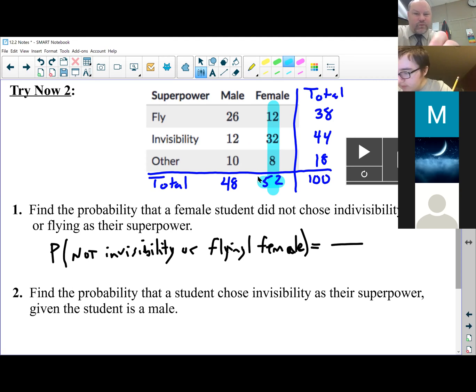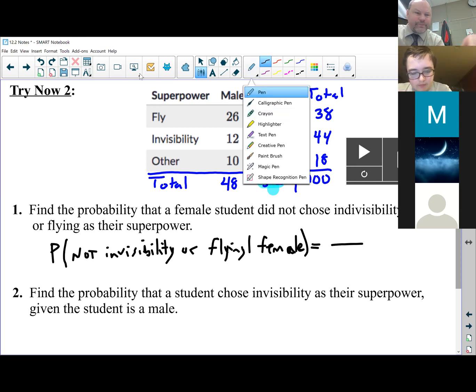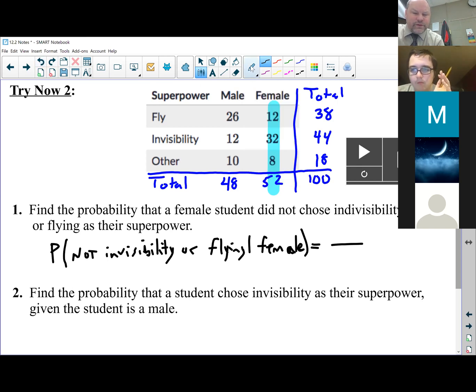And then what would be in the numerator? 18. Oh, sorry, 52 in the denominator. What would be in the numerator? 8.